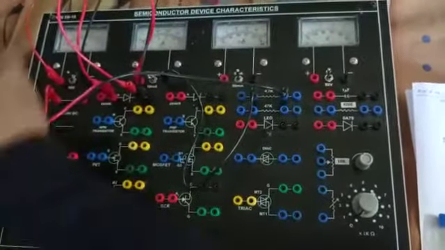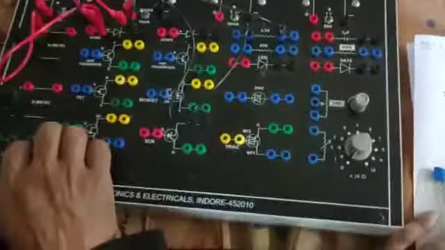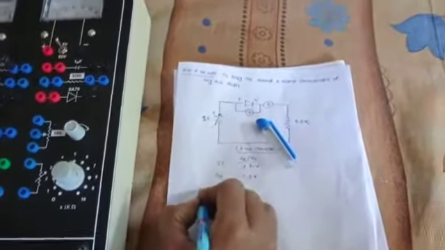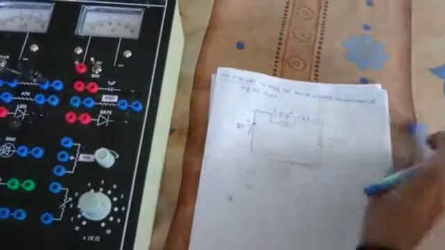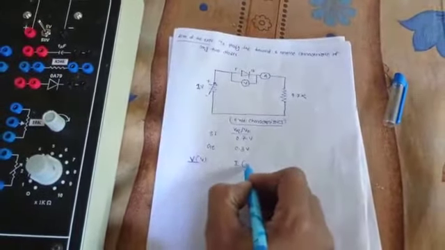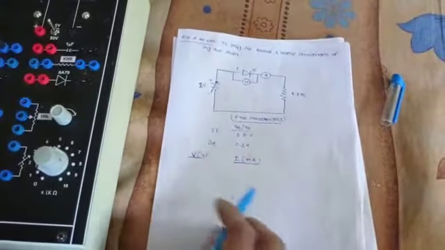Let's apply the voltage to the diode. We'll note down two columns, one for voltage and another for current. Voltage is measured in volt and current in milliampere. We'll apply the voltage first.